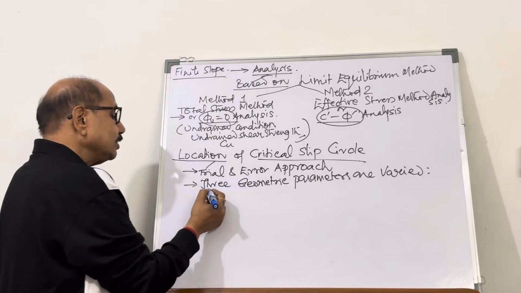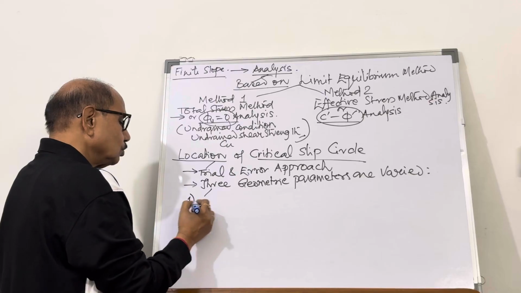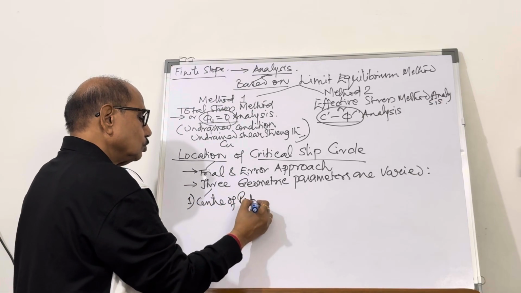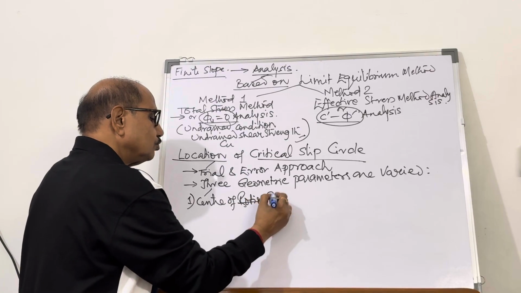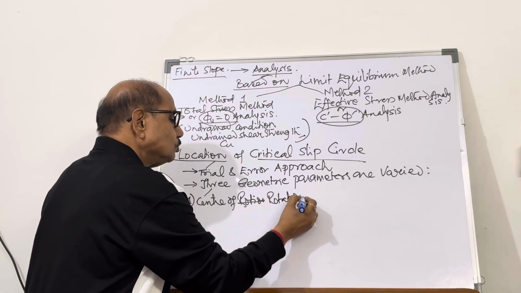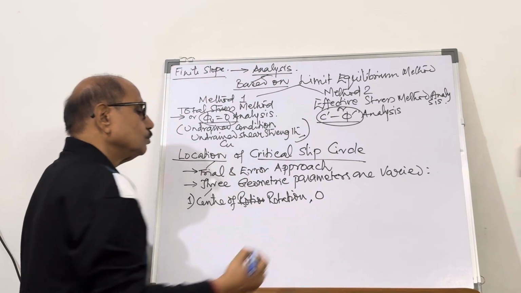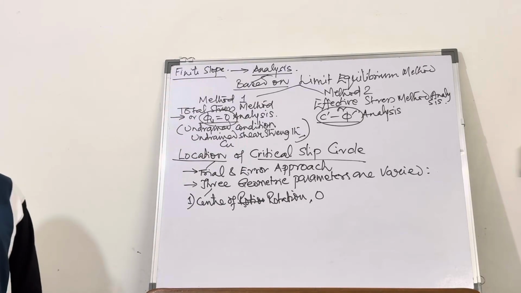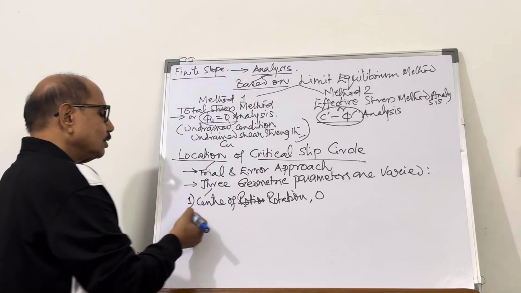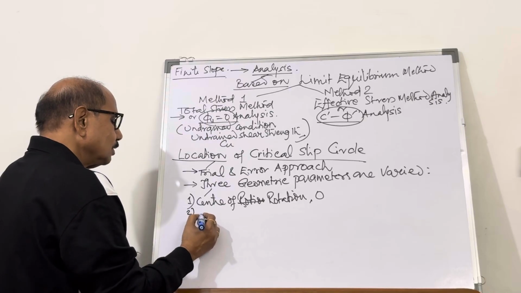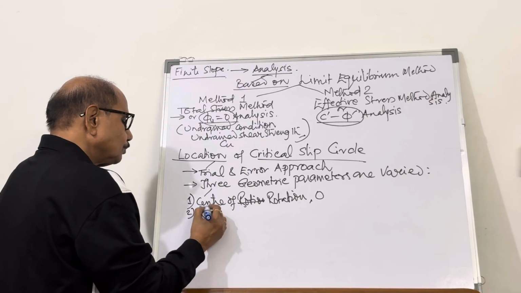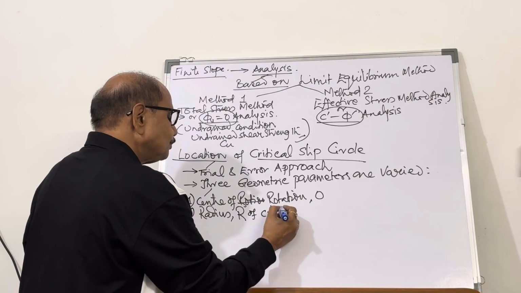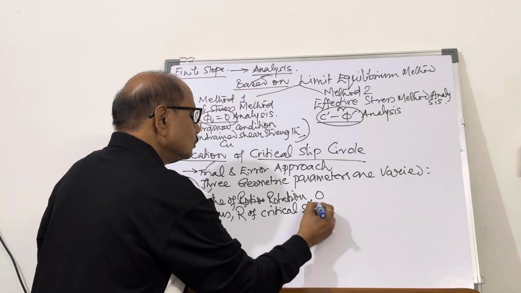One is called the center of rotation. Then what next? You all know that what is important is the radius r of the critical slip circle.